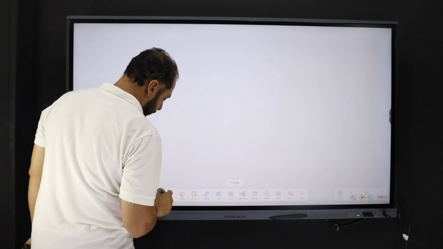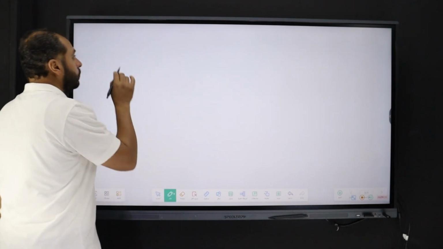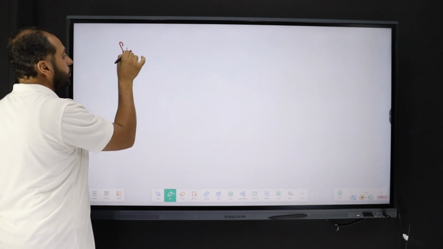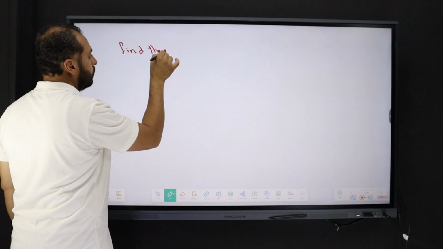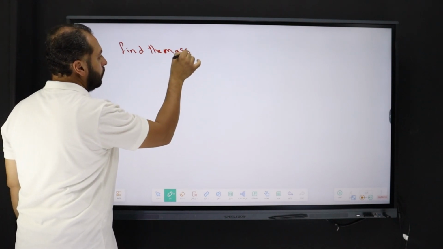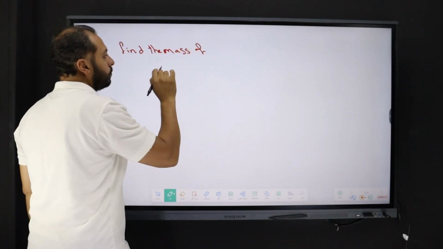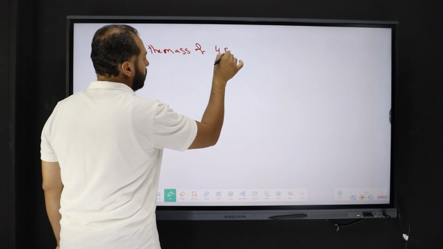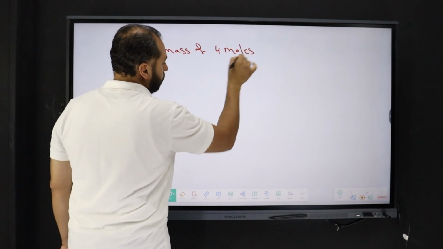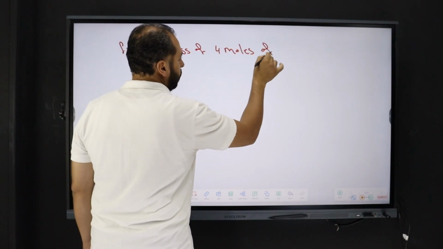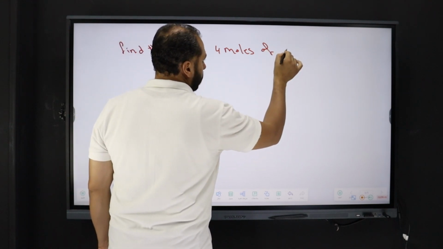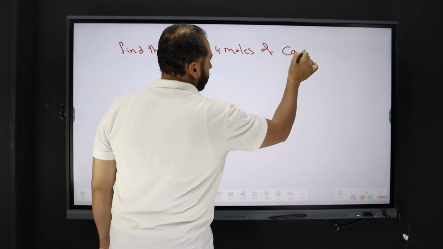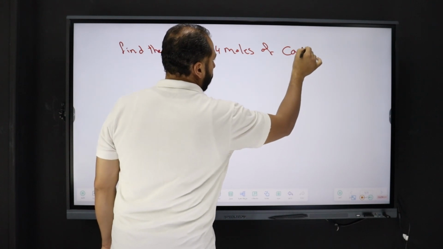Another example. Find the mass of 4 moles of Ca(NO3)2.